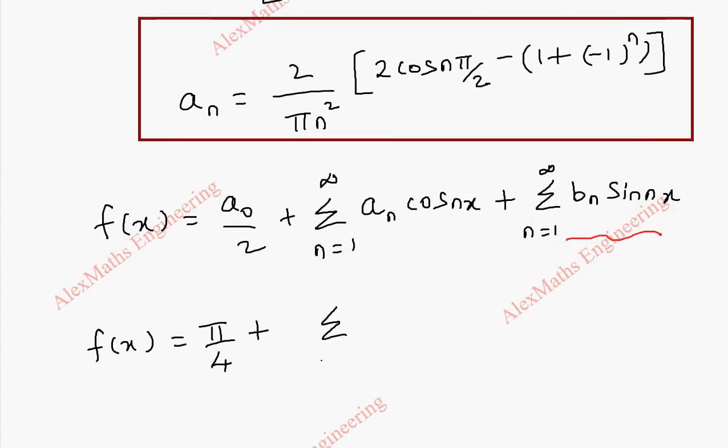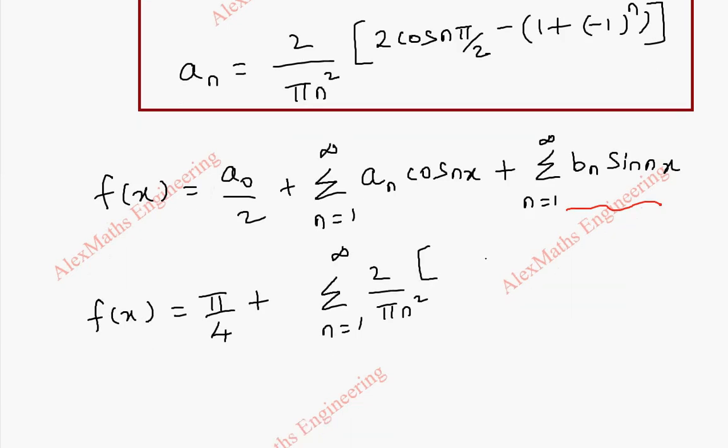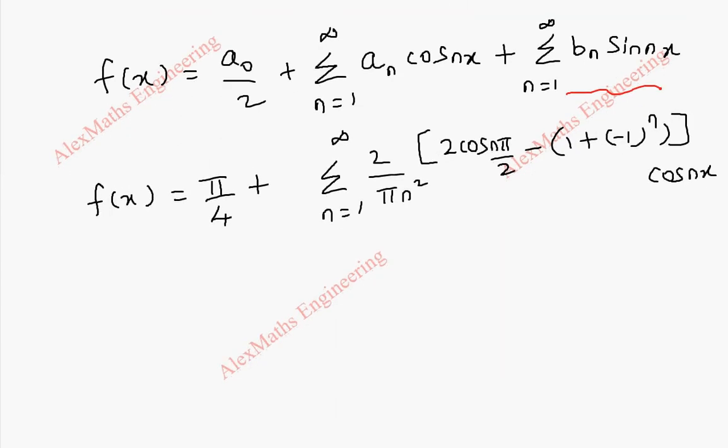We have summation n equal to 1 to infinity an. So an is 2 by pi n square, and we have 2 cos n pi by 2 minus of 1 plus minus 1 whole power n into cos nx. So here the constants can be taken outside the summation.